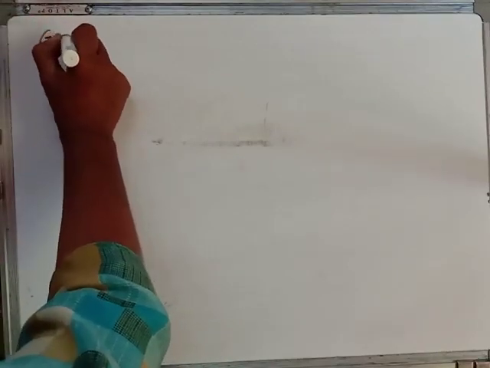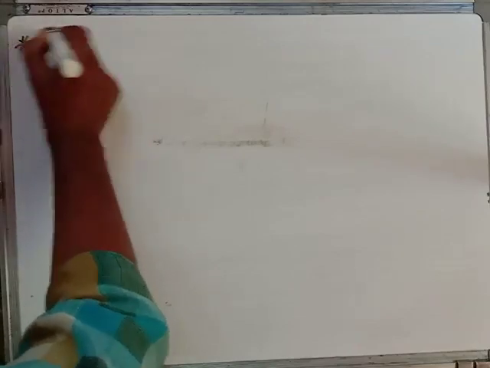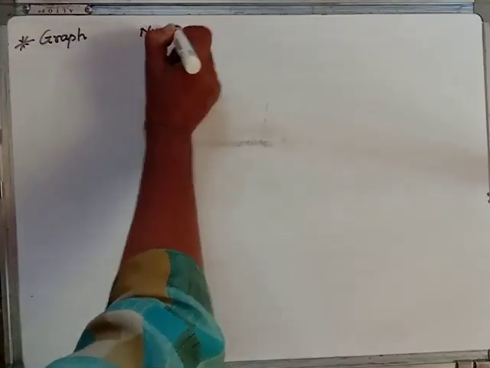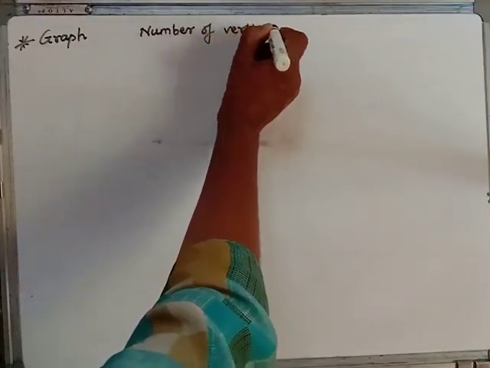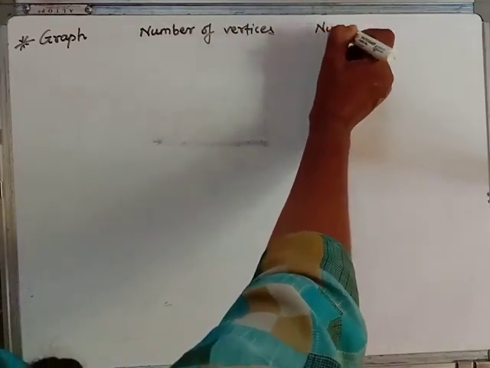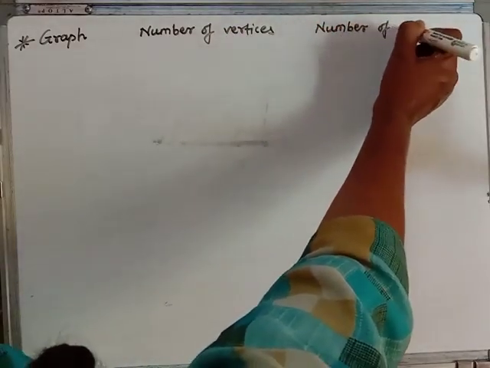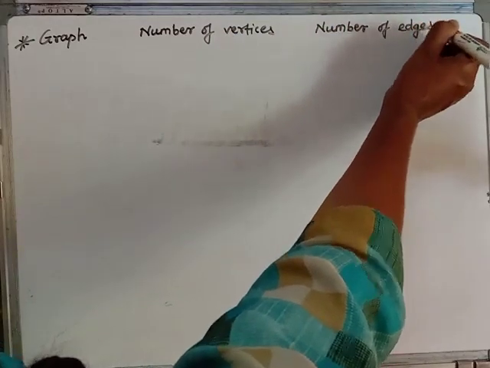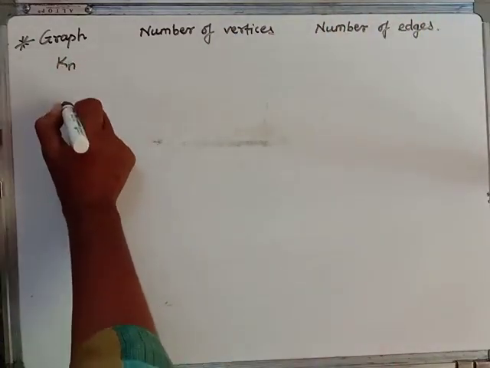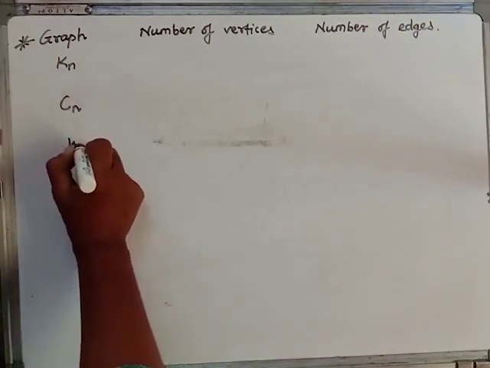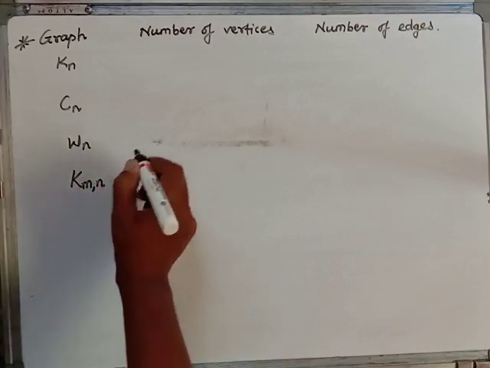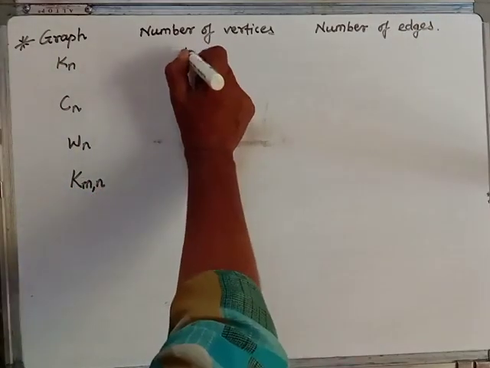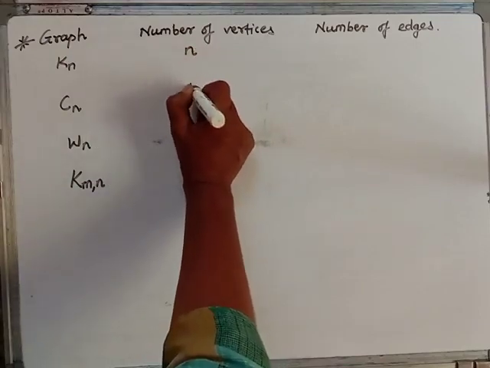Let me give, as a note, the graph, number of vertices and number of edges. For the standard ones, I am giving the graphs Kn, Cn, Wn and Kmn. The number of vertices here is obviously n, and here also n vertices.